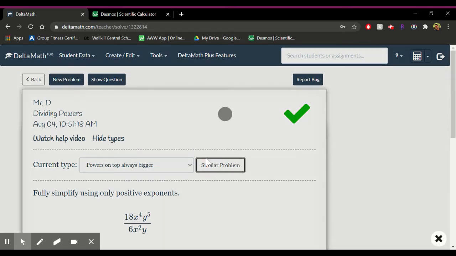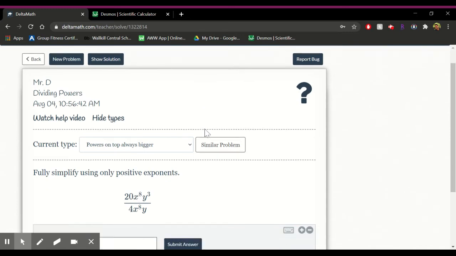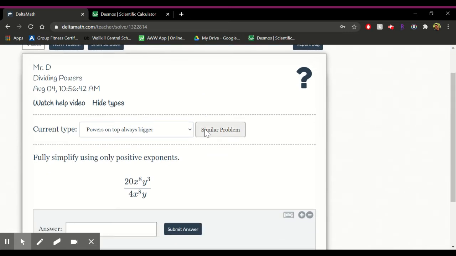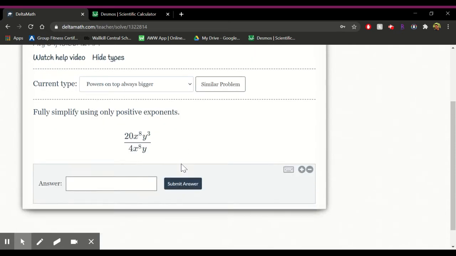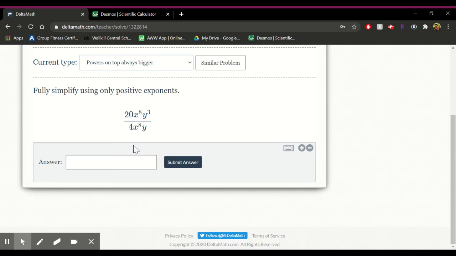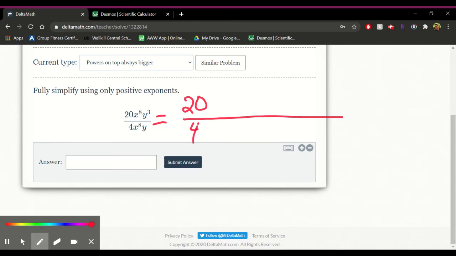Let's look at another one. Similar problem. Okay. Again, I'm going to expand this out. We have 20 and 4. All right. And then we have x's.